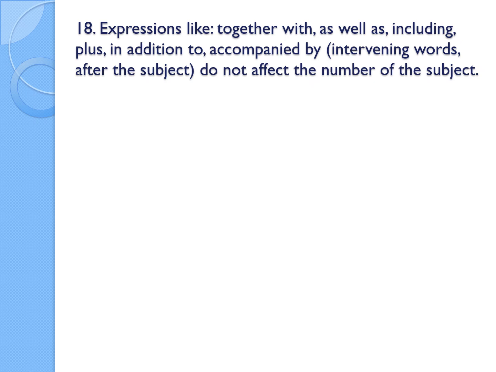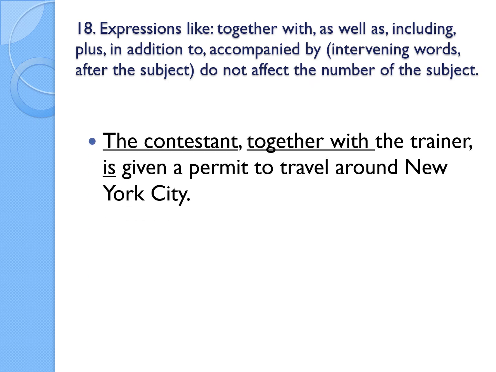Expressions like together with, as well as, including, plus, in addition to, accompanied by, these are intervening words after the subject. They do not affect the number of the subject. Example: The contestant, together with the trainer, is given a permit to travel around New York City. So we have an intervening phrase, together with the trainer.